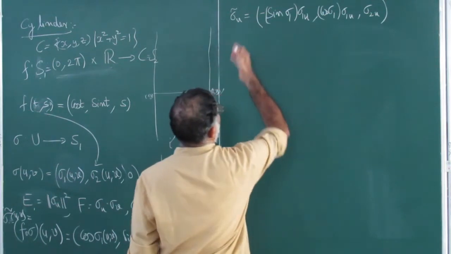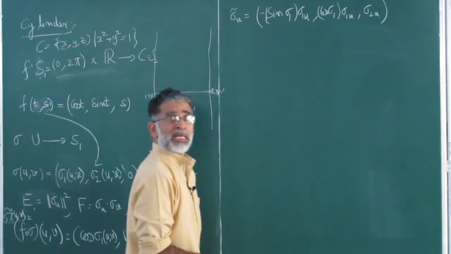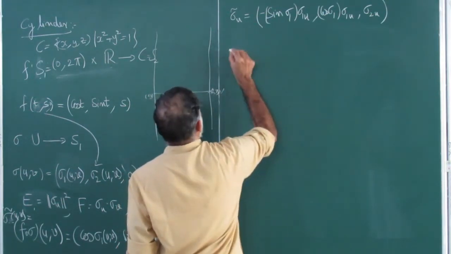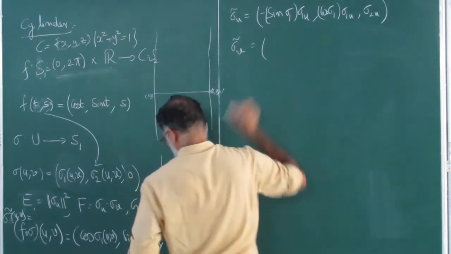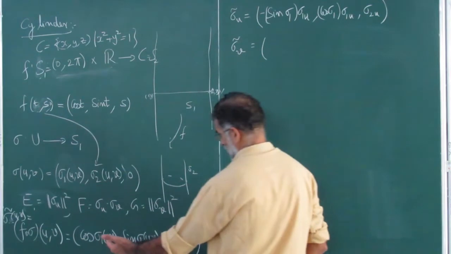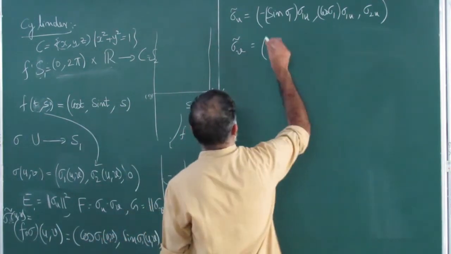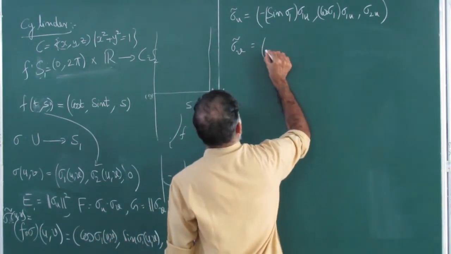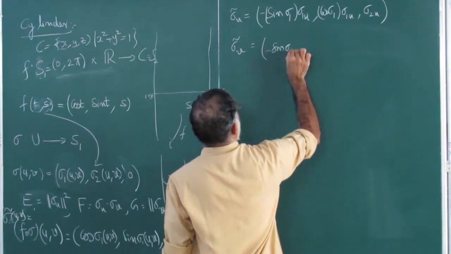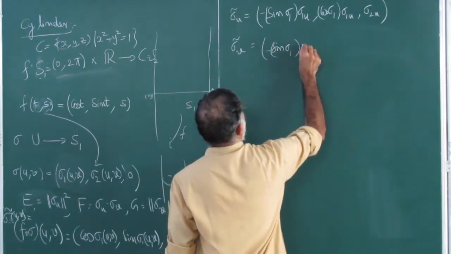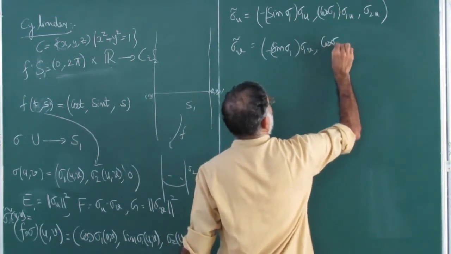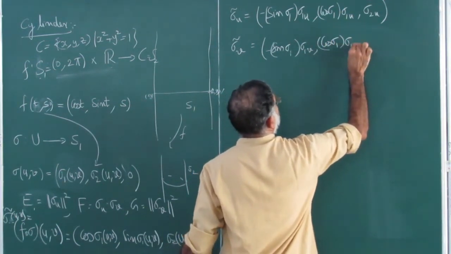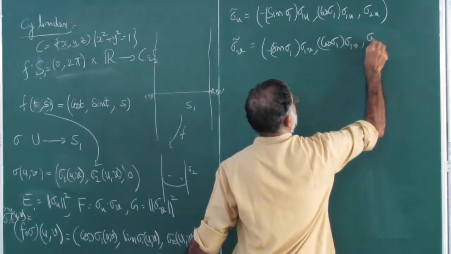Let me write the other one also, sigma tilde v. With respect to v it is the same: minus sine sigma 1 times sigma 1 v, cosine sigma 1 times sigma 1 v, and sigma 2 v.